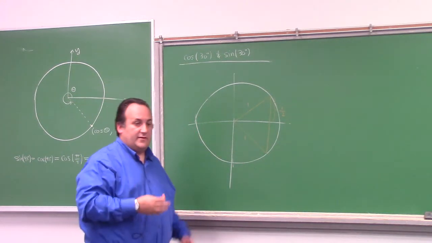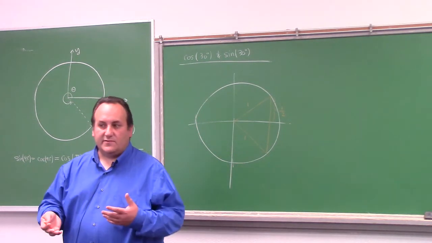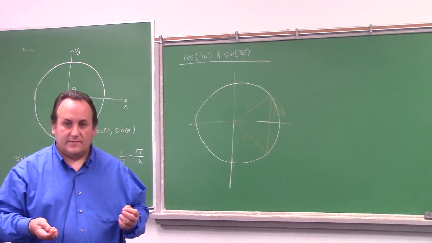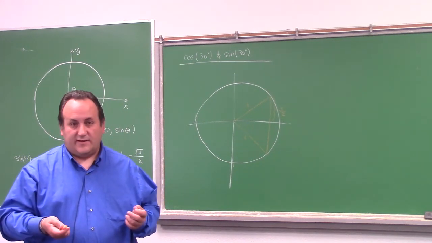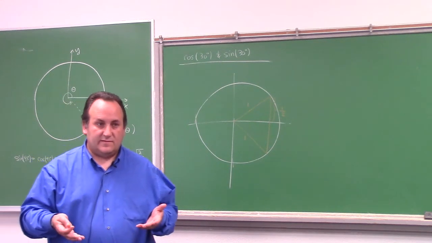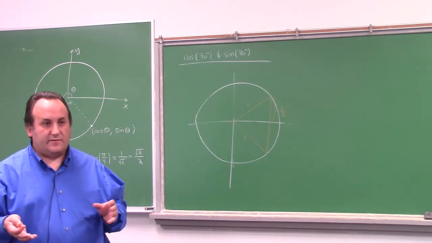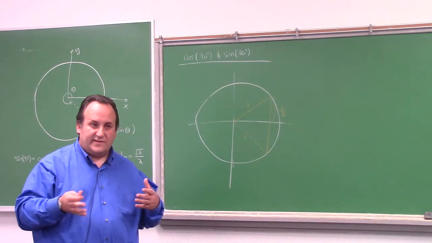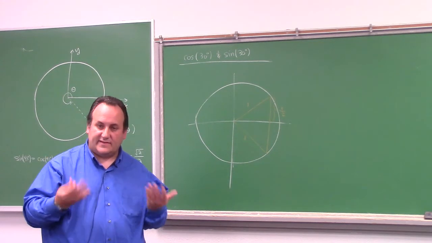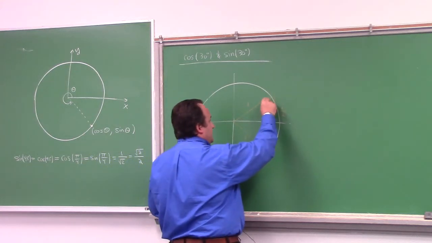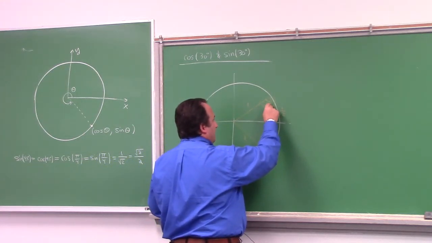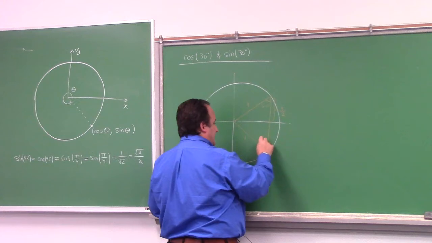Now it's an equilateral triangle. What's the sum of the angles in any triangle? 180 degrees, or pi radians. In an equilateral triangle, the angle at each vertex is equal, so 180 divided by 3 gives us 60 degrees. So we know that this is 60 degrees up here, and this angle down here is 60 degrees.